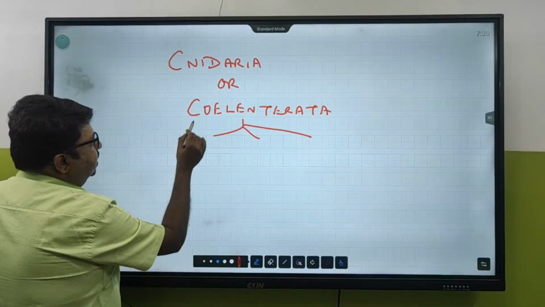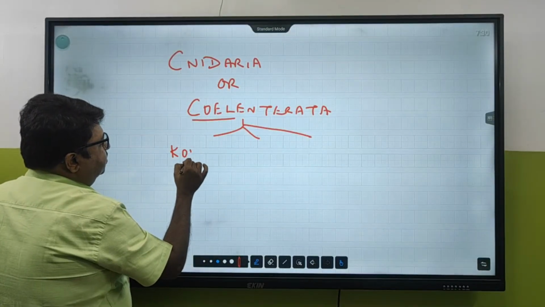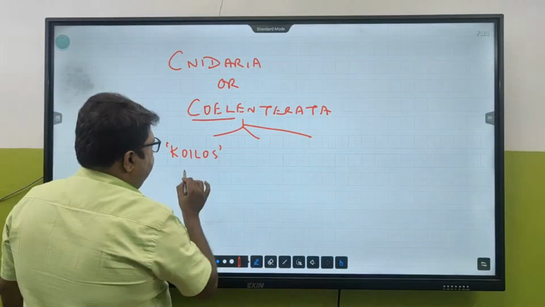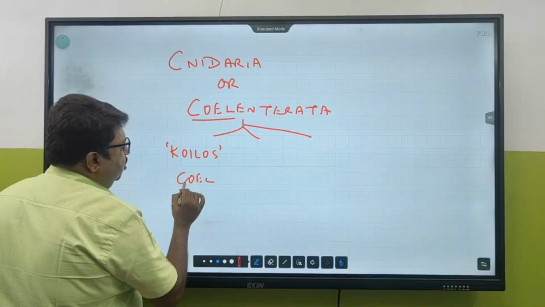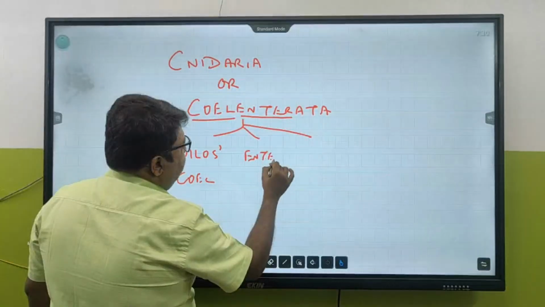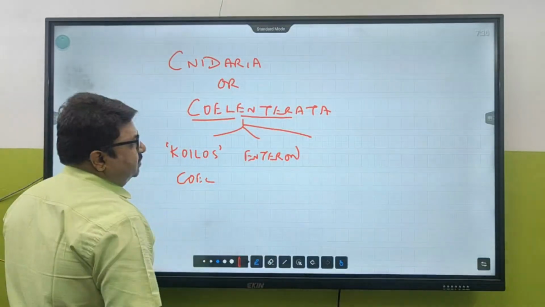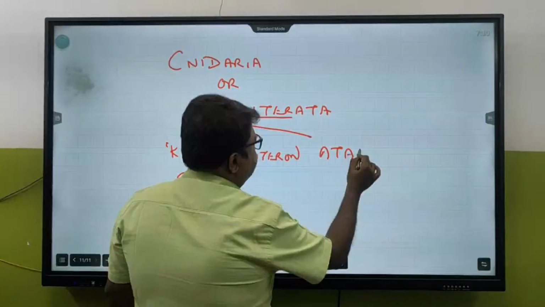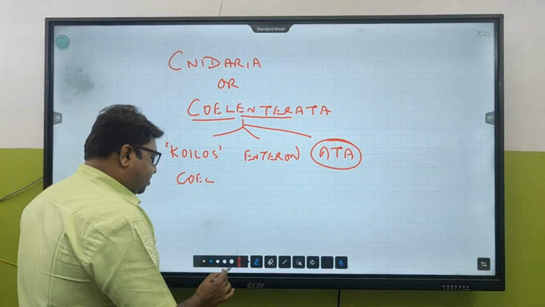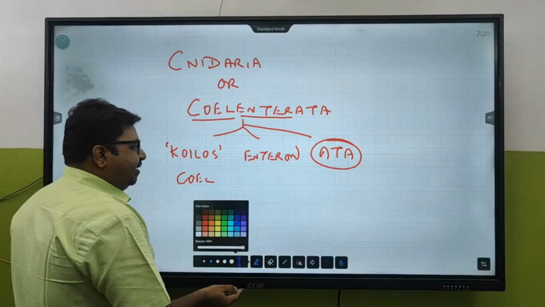Again, you break this term into three. Seal has come from koilos. Entera has come from enteron. And ata means bearing. So they have got koilos bearing.